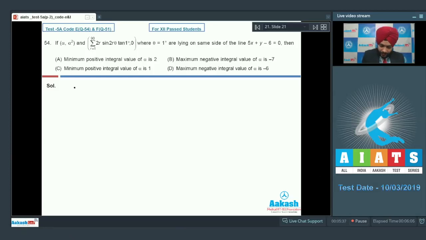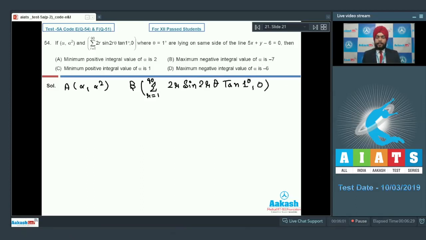So students, let us have this point A, alpha comma alpha square. Let us have this point B, which is, let us say, sigma r from 1 to 90, 2r sine 2r theta tan 1 degree, comma 0. And the line is 5x plus y minus 6 equals 0. So students, simplifying B, we have this summation as, obviously tan 1 degree will come out.